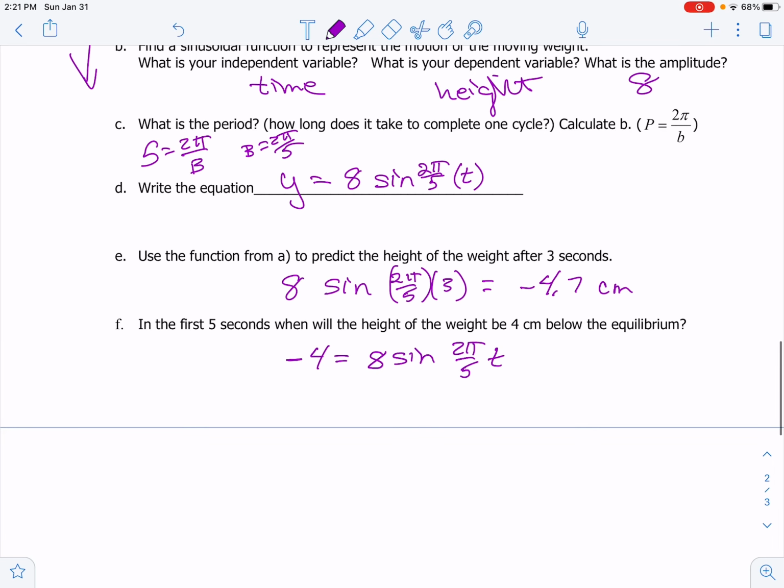You divide by 8, and you get negative 1/2 equals the sine of 2 pi over 5t. Well, we know the sine is equal to negative 1/2 at 7 pi over 6. And that equals 2 pi over 5t. So multiply by the reciprocal.